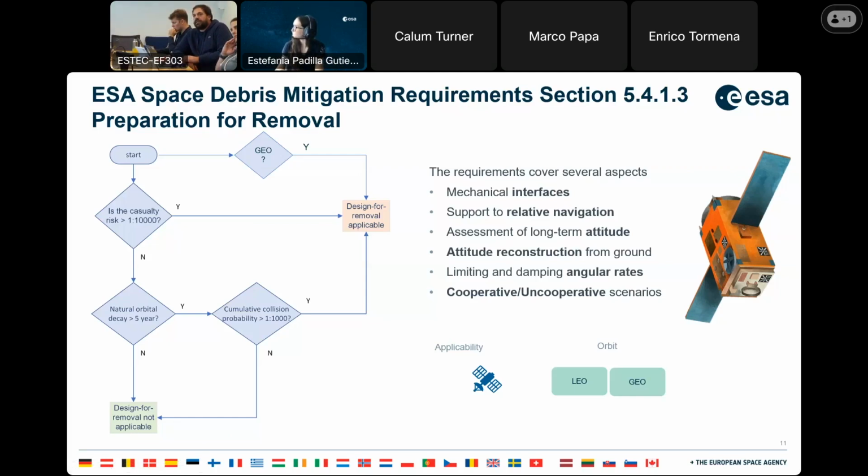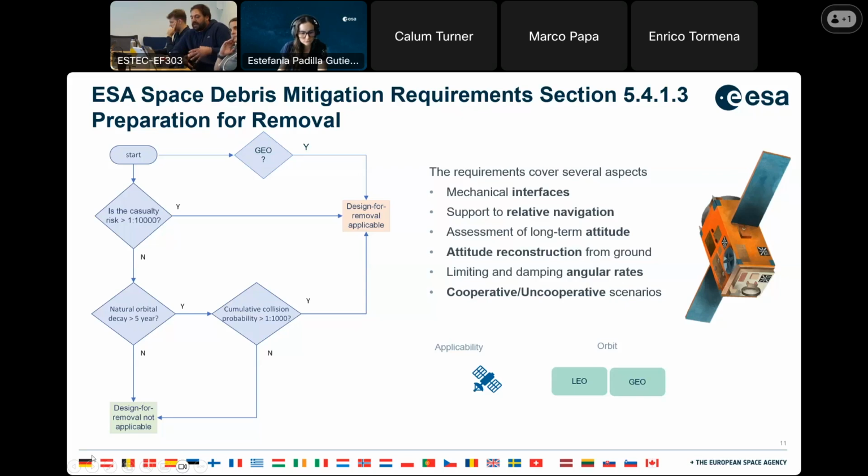Another point is the assessment of the long-term attitude evolution of the spacecraft, together with the attitude reconstruction from ground. These are for sure functions that need to be taken into account when talking about removal operation. Another very important point is related to the dynamics of the spacecraft in the end of life condition. It is the fifth point that you can see in this slide. That is called limiting and damping the angular rate of the spacecraft.